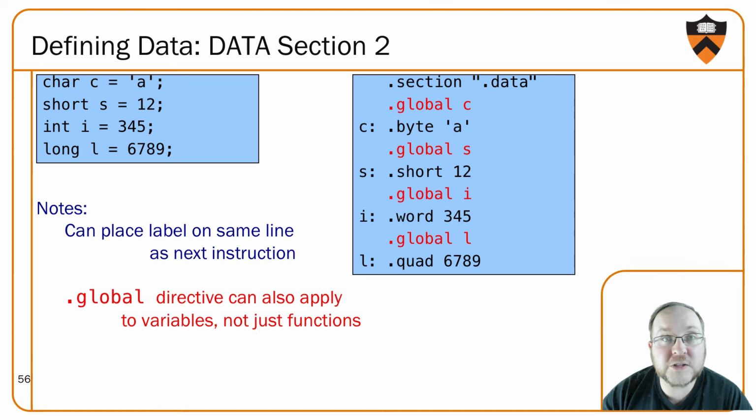Also note that we saw .global in the context of main, saying that main is externally visible, but to announce the same property of a variable, we can do .global on a variable just as well. A variable is a quantity of memory that happens to reside at a particular label. So .global on a label is totally fine, even if that isn't a function, even if it's a variable.